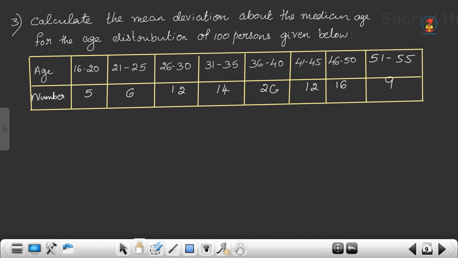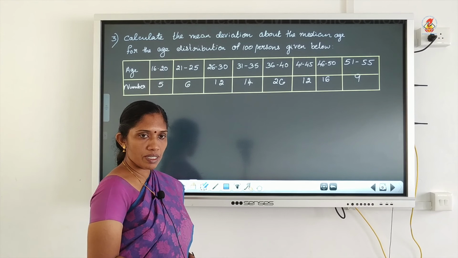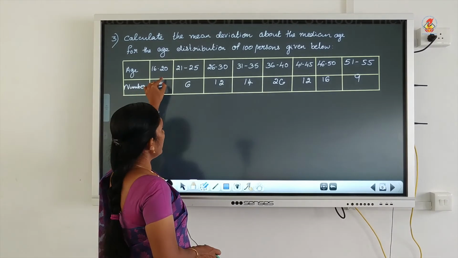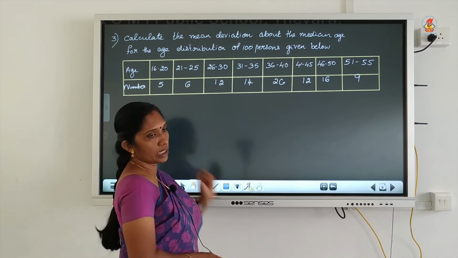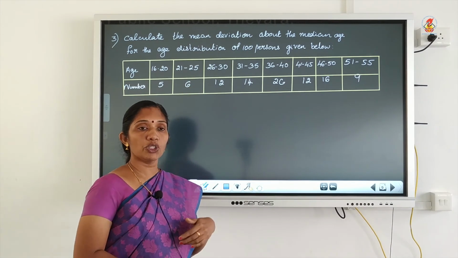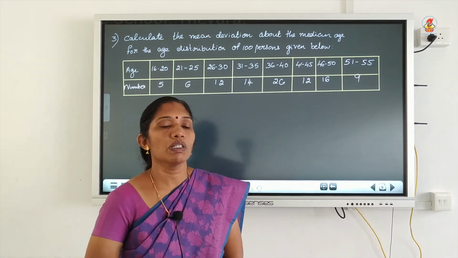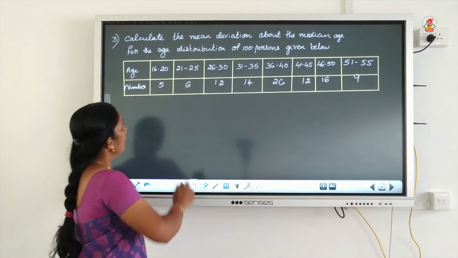Calculate the mean deviation about the median age for the age distribution of 100 persons given below. So first you check the class interval. Is it continuous? 16 to 20, the next is 21 to 25, then 26 to 30. So it is not continuous, we have to convert to continuous. So how to convert to continuous?